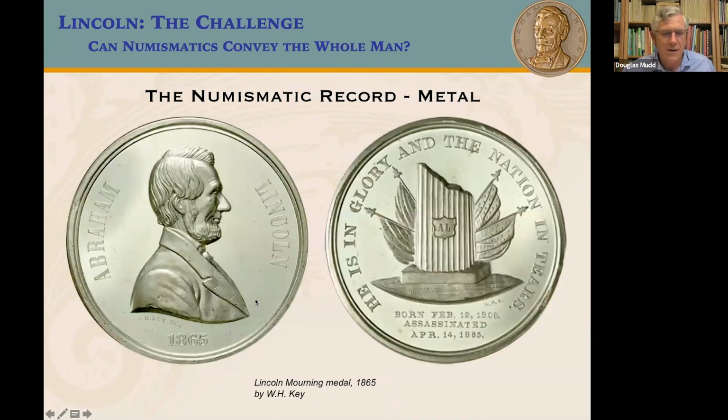On the next one, yet another official medal, the Lincoln Mourning Medal. So this medal and types like it were produced in very large numbers. There was a huge outpouring of grief and recognition when Abraham Lincoln was assassinated.